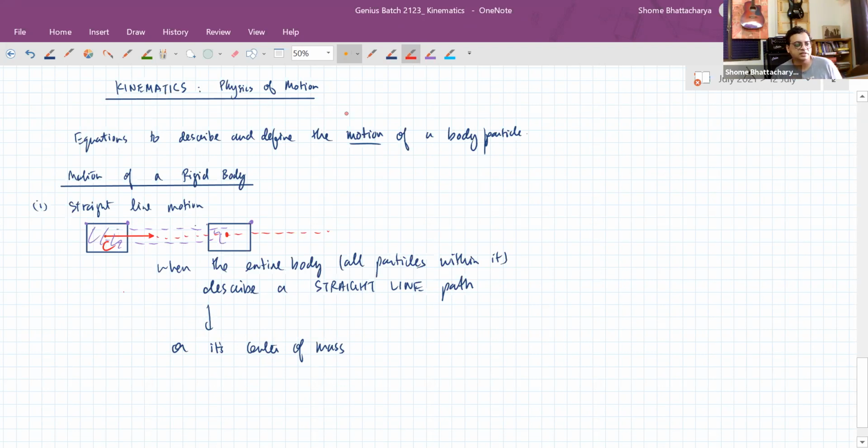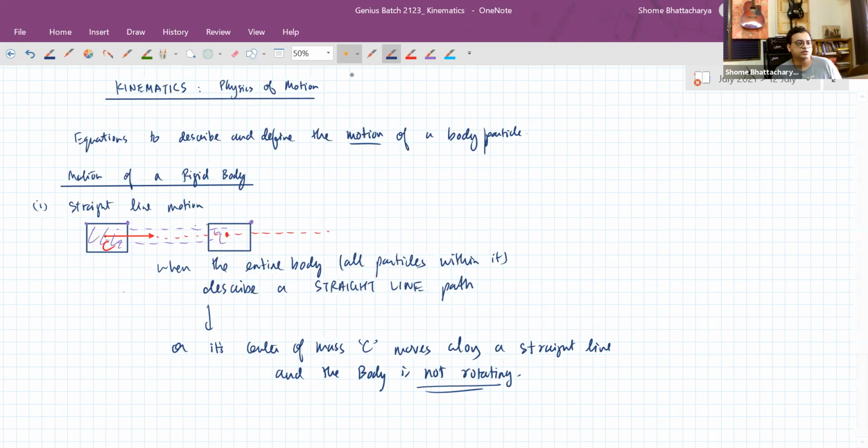That will come in a later chapter. But you can sort of understand it's like the symmetry point within the body. Its center of mass C moves along a straight line, and most importantly, the body is not rotating. It's not spinning or anything. So if it is not rotating, that means all the particles are describing the same straight line path. So this is what we mean by straight line motion of a rigid body. I hope this point is clear to all of you.